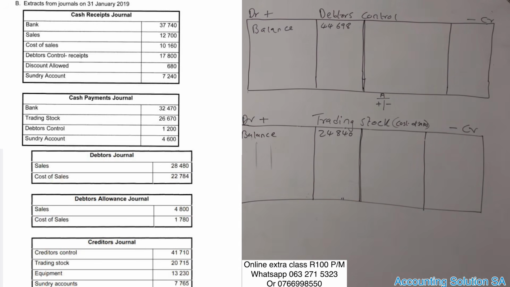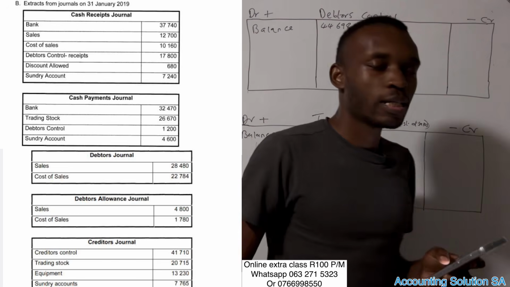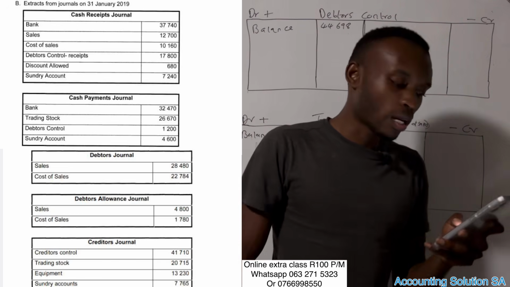Okay, let's first check under cash receipts. Under cash receipts, we have sold to customer an amount of 12,700, but that amount contains cash, and here we are talking about debtors, someone who purchases from us on credit.